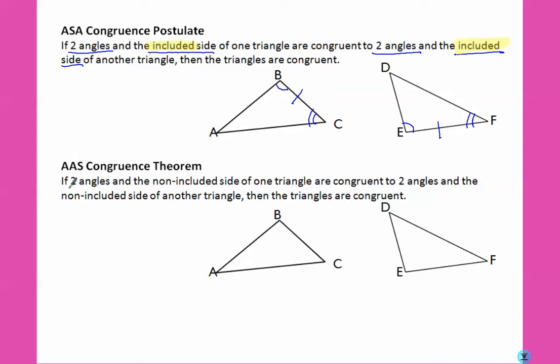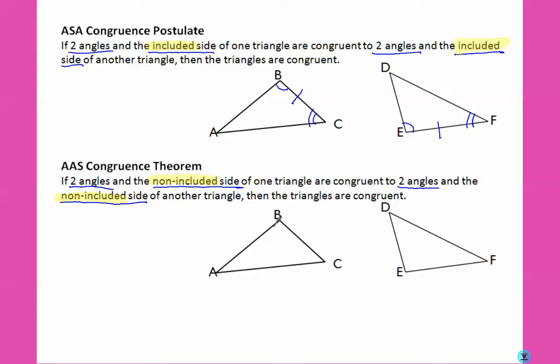AAS is two angles and the non-included side. So not in the middle, of one triangle are congruent to two angles and the non-included side of another triangle.